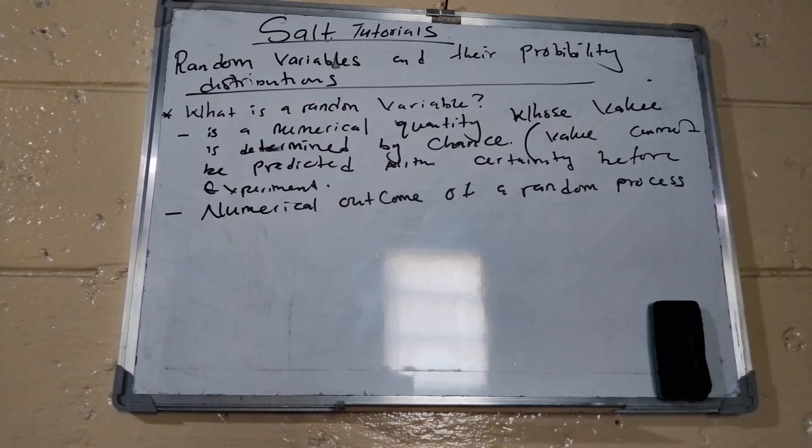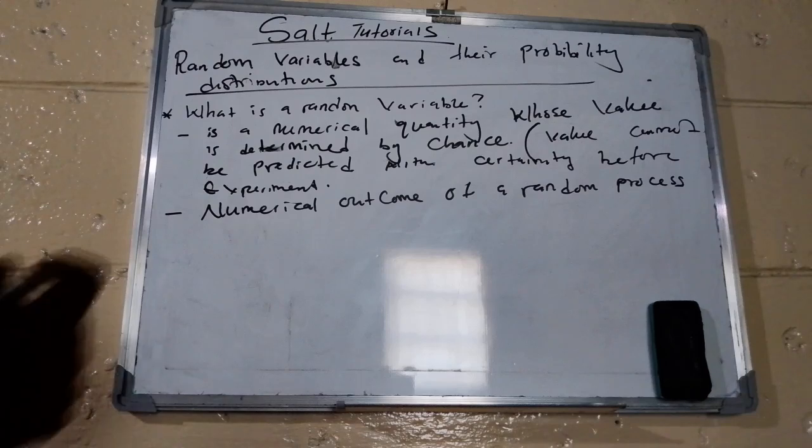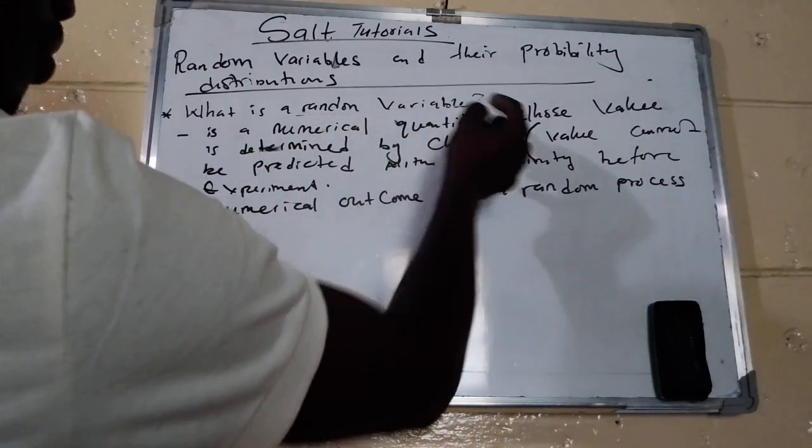So what are we simply talking about? These random variables, we're being told that if we're conducting a certain experiment, and on that experiment we're talking about numerical quantities which you can predict based on experiments, those numerical quantities can be represented by any certain random variable.